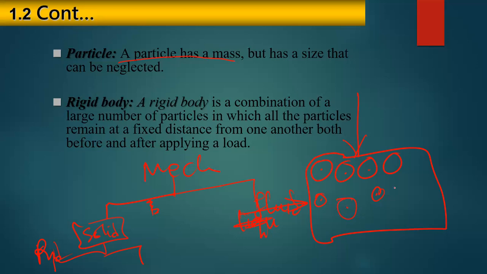But for rigid bodies, the particles will still maintain the same position. When you move this body, as long as it's a rigid body, this particle just translates, or if you are rotating, this particle will rotate, but it will still maintain its position in that body.